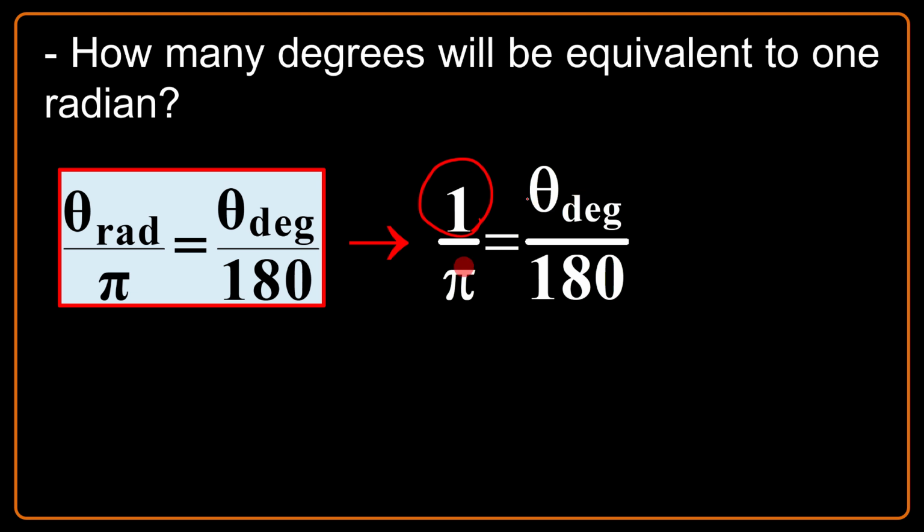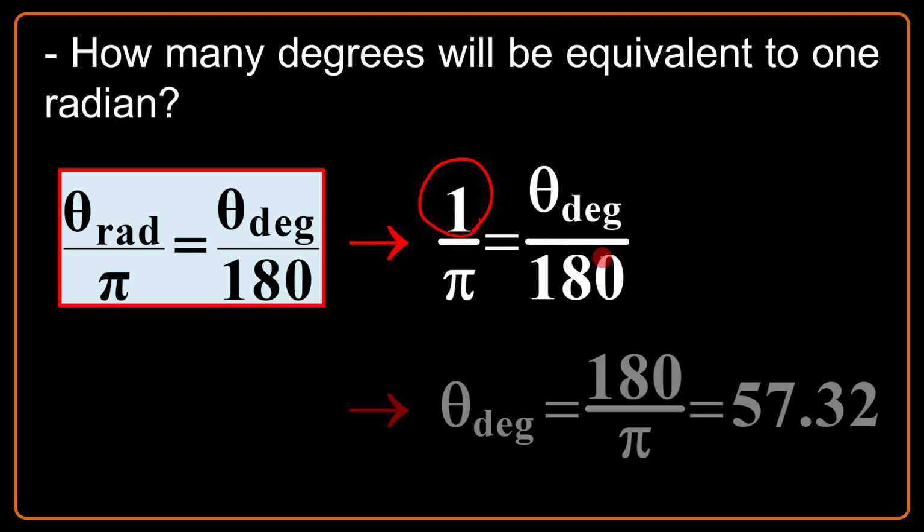So solve this proportionality for degrees. It will be 180 over pi, which is approximately 57.32. It is not an exact value according to the nature of pi. Pi is an irrational number, but it's approximately 57 degrees.